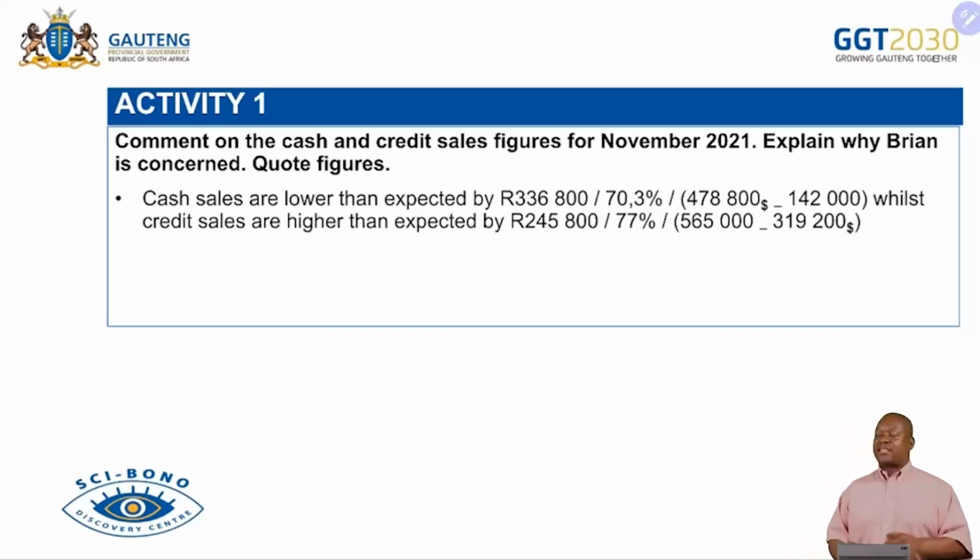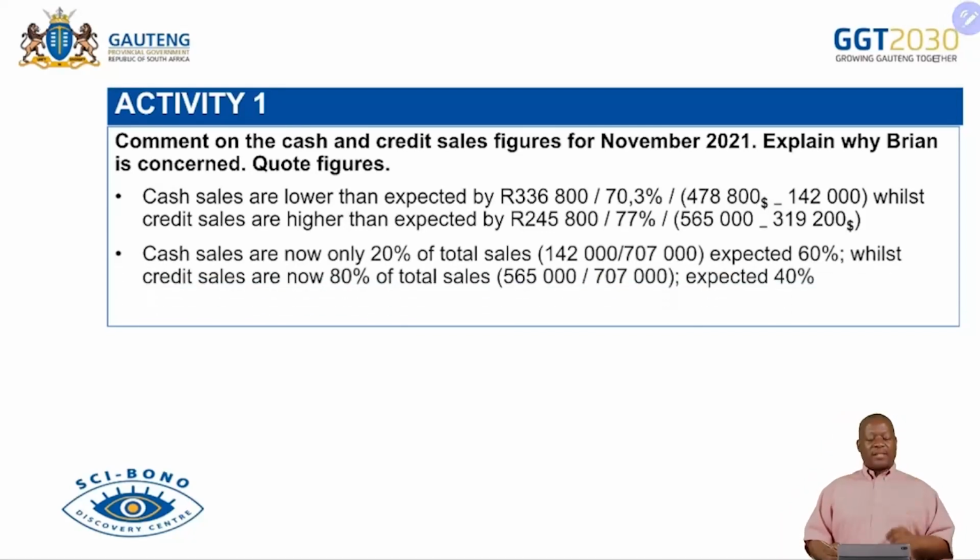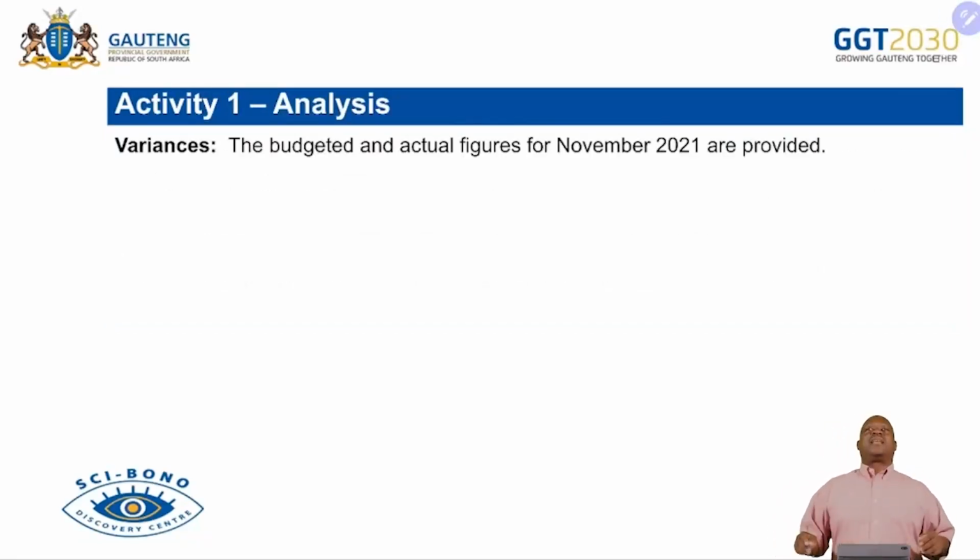Or you can just tell us from this to this. Very important. Now, why is it concerning? Cash sales are now 20% of the total sales. We were expecting cash sales to be 60% of the total sales, but only 20%. While credit sales are now 80%, but we were expecting credit sales to be only 40%. That is very concerning, very important.